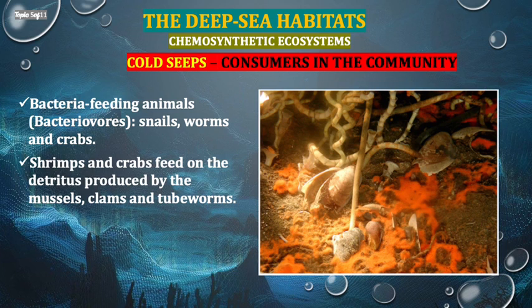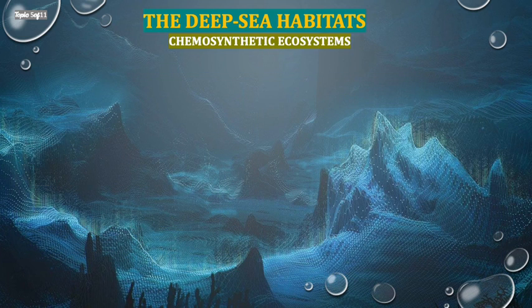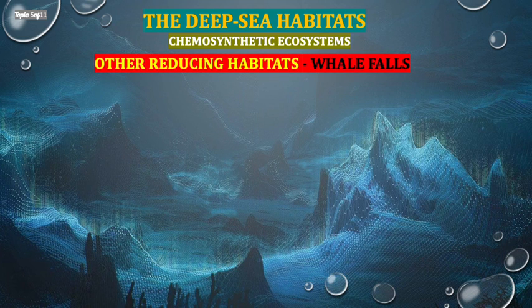And then shrimps and some crabs, like those in the picture on the right, feed on the detritus organic matter produced by mussels, clams, and tubeworms in the area. And then macro and megafauna species such as octopus, fish, and crustaceans are attracted to the community to complete the food chain.